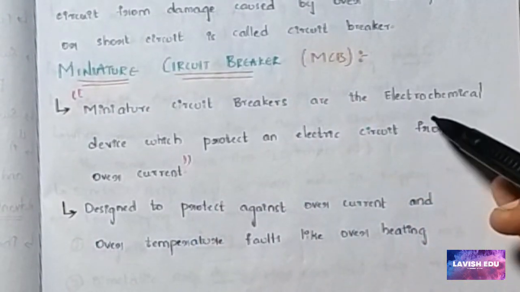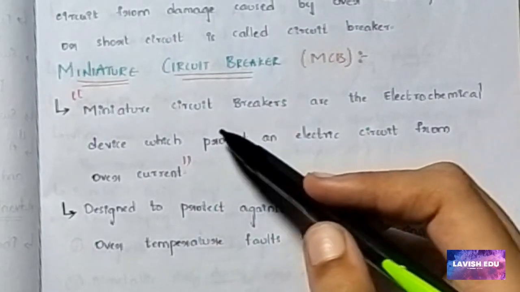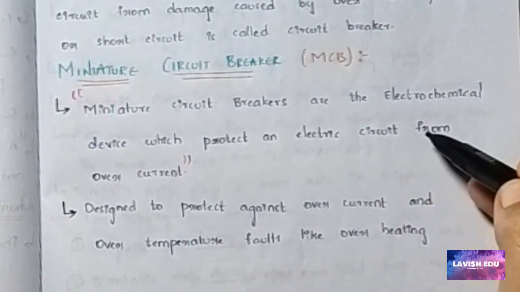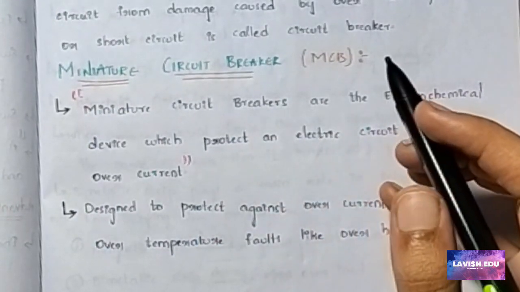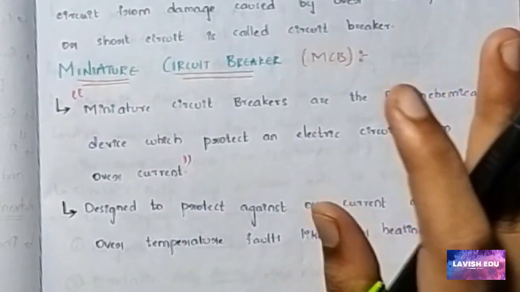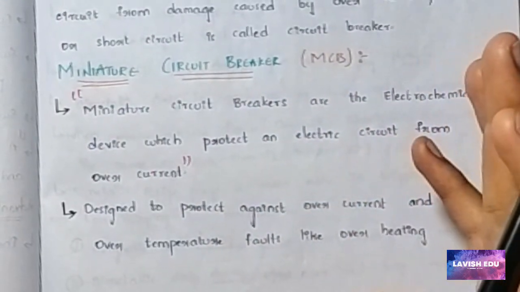Miniature circuit breakers are electromechanical devices which protect an electrical circuit from overcurrent. Its working is the same as a fuse, but it works in different conditions.